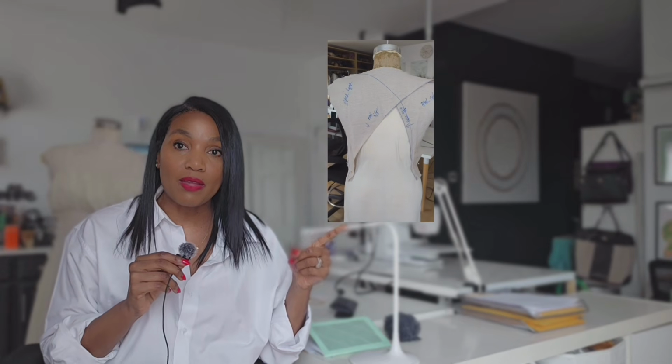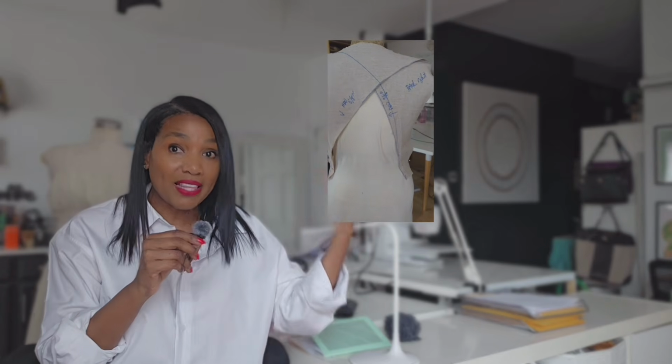Okay, so I will tell you how I get started. I create my own patterns and I typically do it either on paper or I'll drape it on the dress form, and then I make the patterns and then I create the paper patterns.